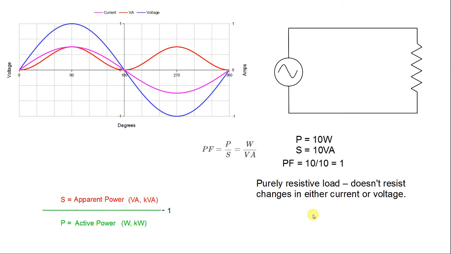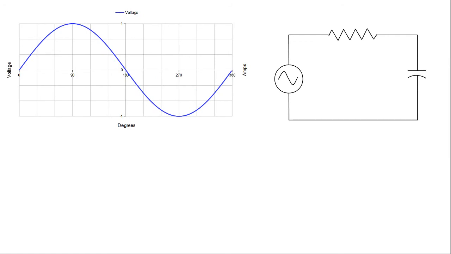Now that's one type of issue that we have with alternating current circuits. Let's look at when we have a capacitive load. I have changed my circuit here where I have some resistance and capacitance in my circuit with my AC source.